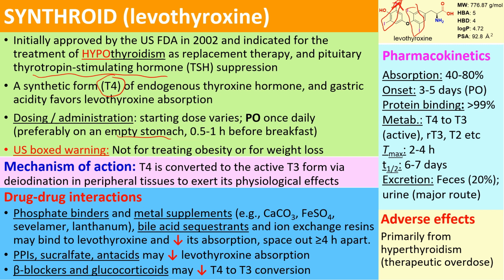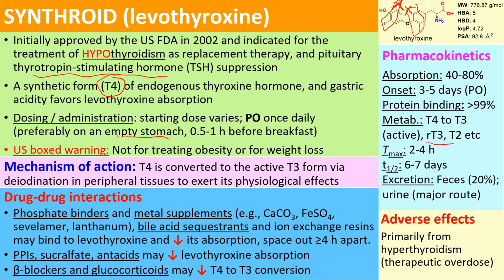Also, this drug molecule can be metabolized to reverse T3, by removing one iodine from the inner ring. Therefore, that's the reverse T3 metabolite. In addition, this can be converted to T2 drug molecule as well.